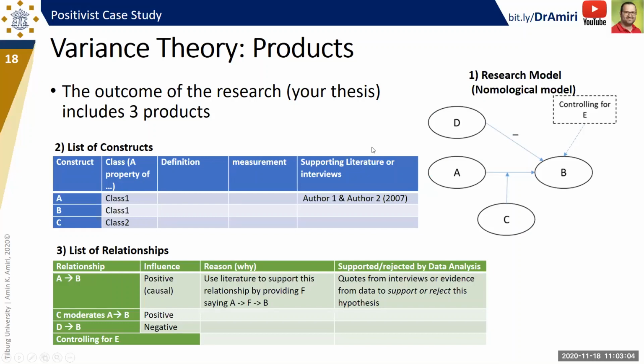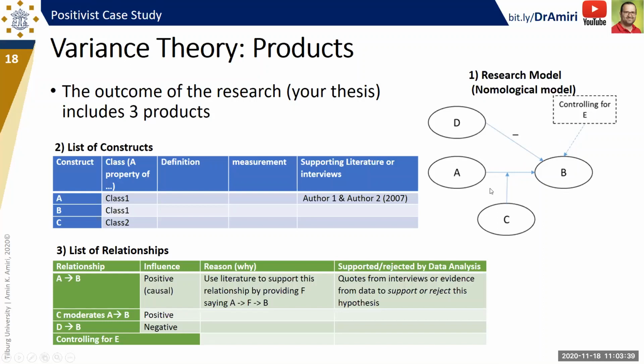What is important is that if you want to create a variance theory, or you want to validate it, you need to provide 3 outcomes, academic outcomes, 3 products in your thesis, and it can be in different chapters of your thesis. First, it would be always great to have a nomological model, just what you saw here. A positively influences B, C moderates the relationship between A and B, D negatively influences B, and we have some control variables.